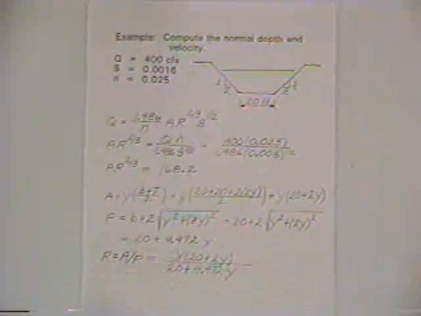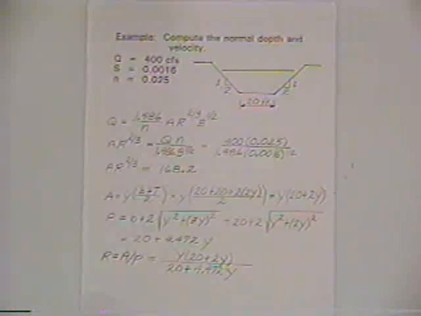And in this example, the discharge is given. So either the geometry is given and you compute the discharge, as in the previous example, which is a direct solution, or conversely, the discharge is given and you want to compute the depth. And this is a design type problem where you've got a channel conveying water, you know the discharge, and they ask you how deep does the channel have to be to convey this discharge.